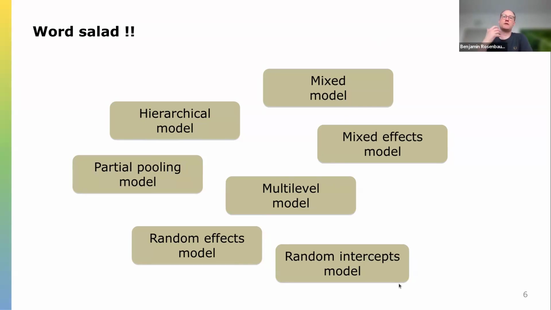It's only different in that it specifies something. All the other terms are very general ways of including grouping variables. Only the last one tells me, oh, I want to include them in a very specific way: I want to do only random intercepts. But all the other ones here are, at least from my perspective, totally the same.